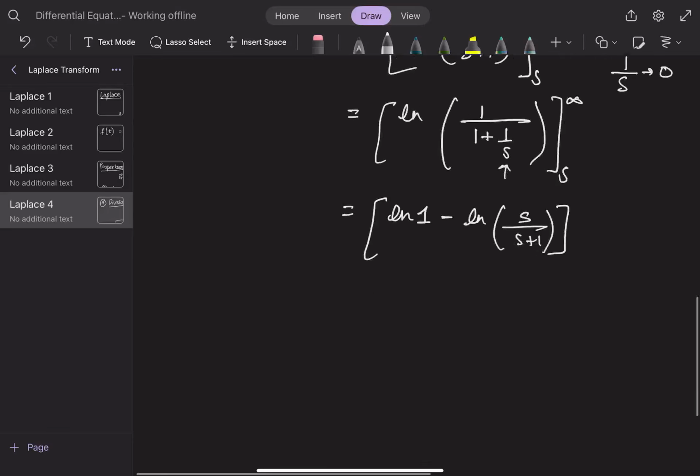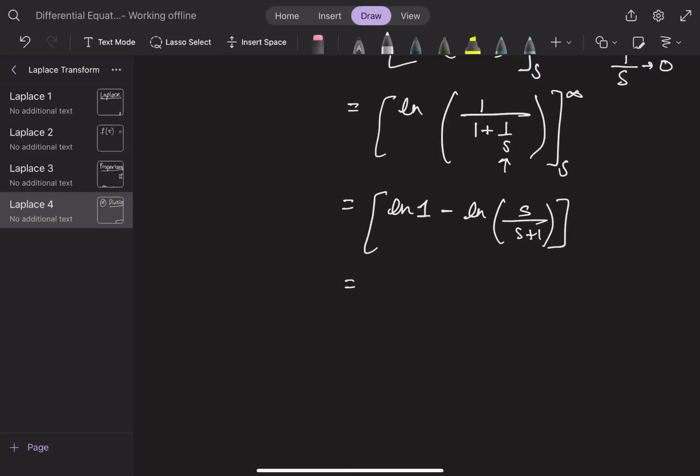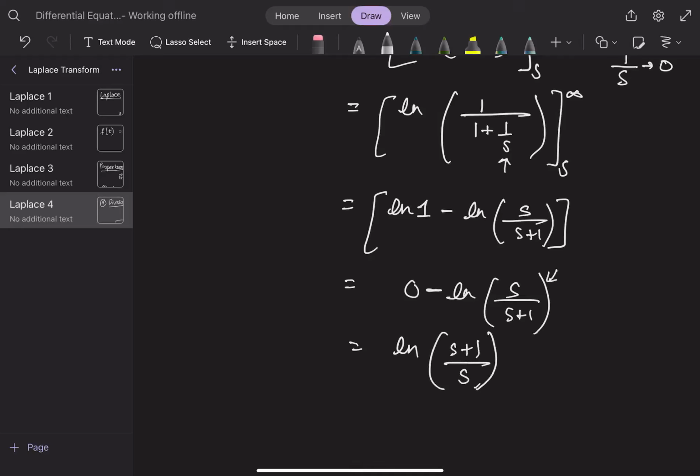So your ln 1 is 0. So 0 minus ln of s divided by s plus 1. This is ln of (s plus 1) divided by s. Remember guys, when you have a minus sign, you can reciprocate this to remove that. So this is your answer.